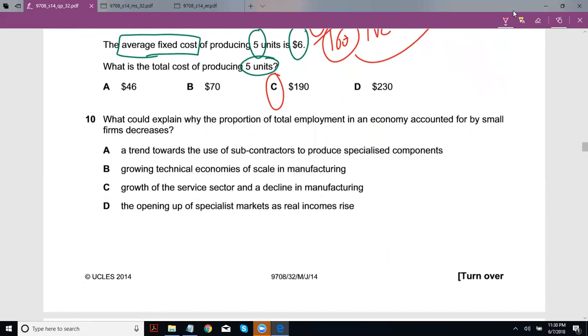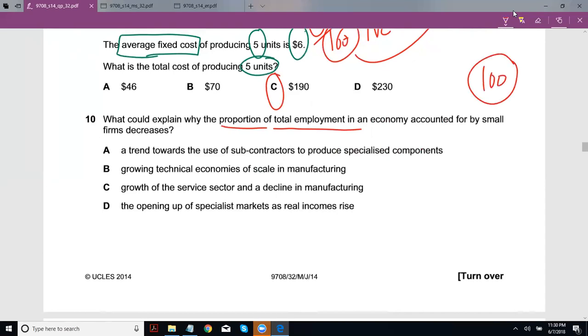What could explain why the proportion of total employment in an economy accounted for by small firms decreases? Which basically means, in the entire economy, let's say there are 100 people employed.